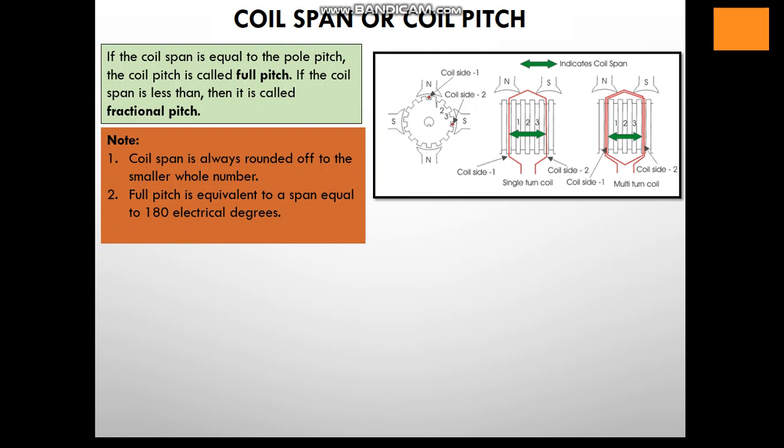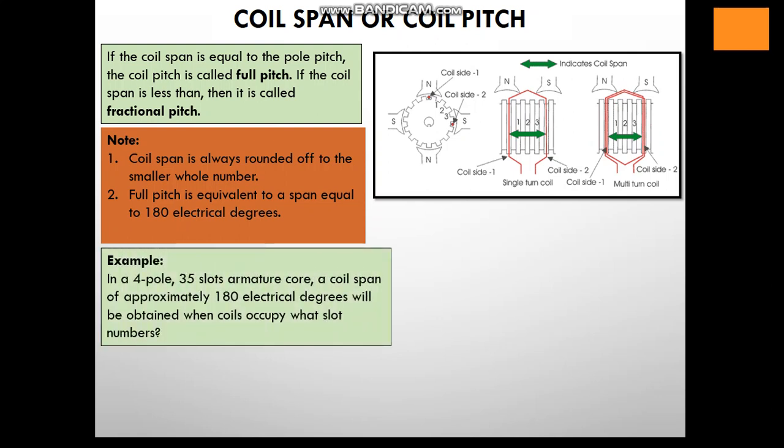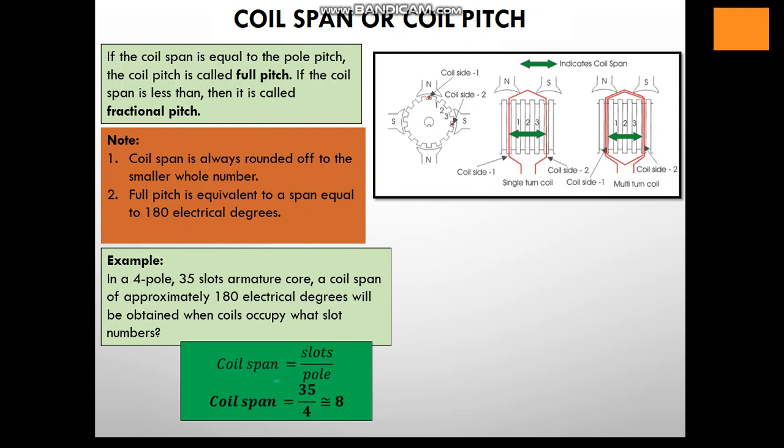Full pitch is equivalent to a span equal to 180 electrical degrees, meaning opposite. Example: in a 4-pole, 35-slot armature core, a coil span of approximately 180 electrical degrees will be obtained. Which coils occupy what slot numbers? Solution: coil span is equal to slots per pole.